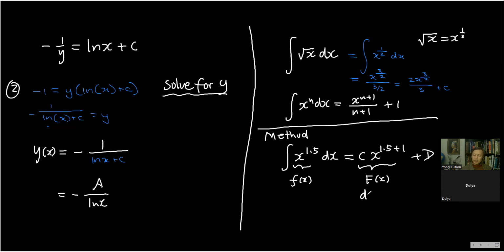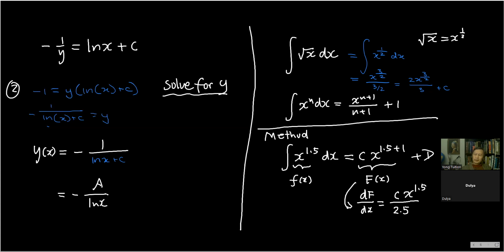I just take the first derivative of F. From here we can work out the first derivative is equal to c divided by, 1.5 plus 1, we put the two numbers together, that's 2.5, and that is x to the power 1.5. Is this 1.5 or 2.5?